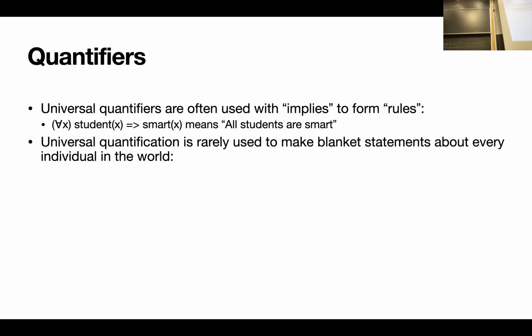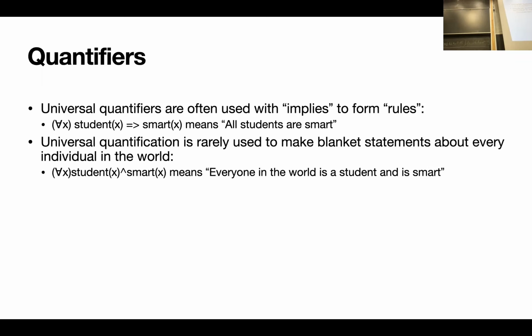Universal quantification is rarely used to make blanket statements about the world. For example, for all x, Student(x) and Smart(x) means everyone in the world is a student and is smart. It's less often used to make these kinds of statements.